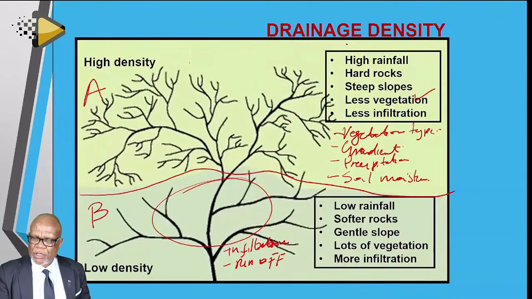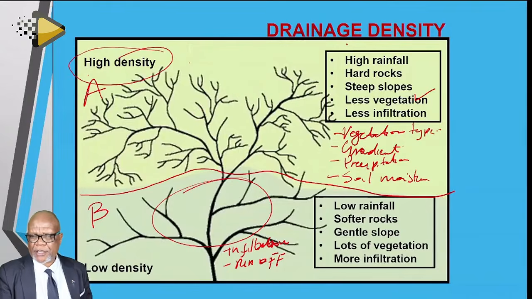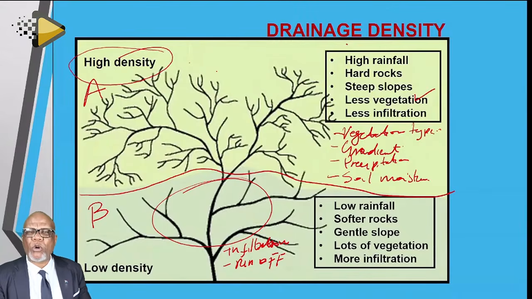And now, between the two, why do we have high density at A? We have high density because the soil has more moisture. The soil is saturated. Because of saturation, during precipitation, there is less infiltration taking place, but there is more runoff.